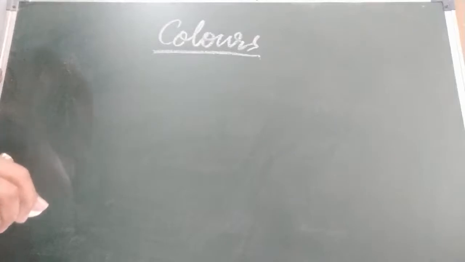Now, children, we are going to discuss colors. You have an idea from class 6, you have learnt about the spectrum. White light of the sun is composed of many colors. When these colors combine, they look white.